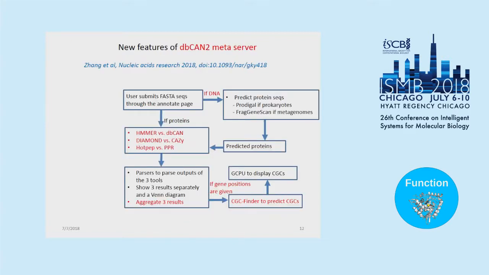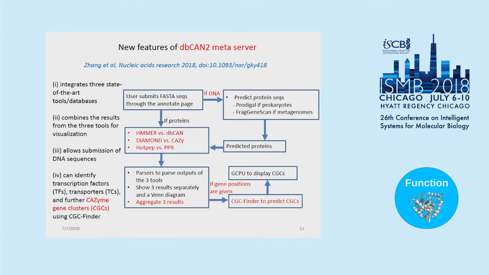All right. So in addition to the integration of the three methods for automatic CAZyme annotation, we also have three other new features. The second one is that we combine results for better visualization, which I will show you in a minute. The third is that we allow DNA submission. In our first version of dbCAN, we only allowed protein sequence submission.